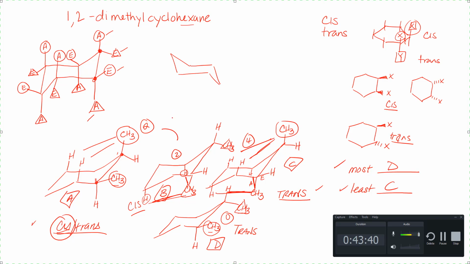So these 2, A and B, would have the same energies. So in terms of ranking, D would be number 1. A would equal B at number 2. And C would be number 3. So that's how we would rank the 1,2-dimethyl cyclohexane.